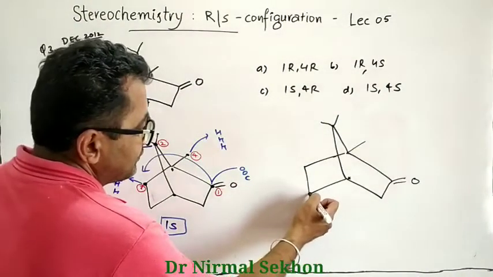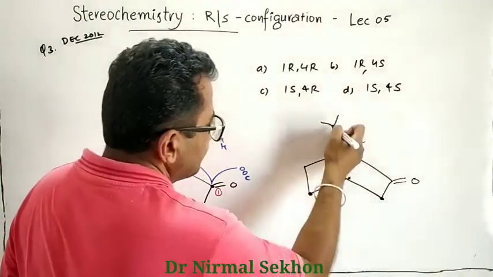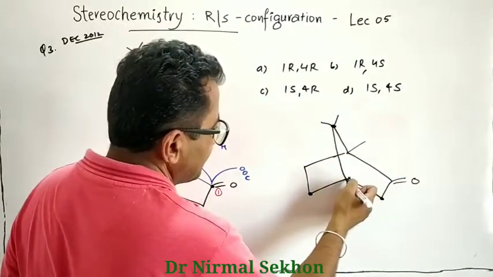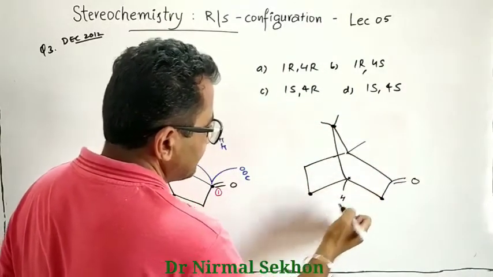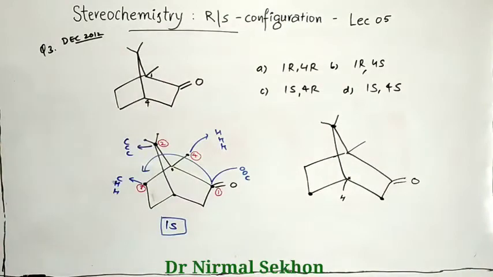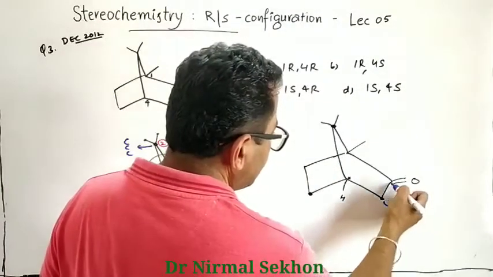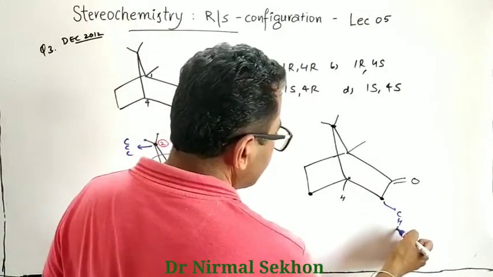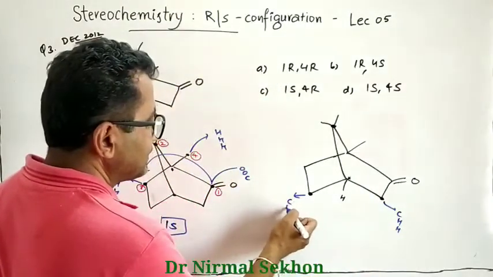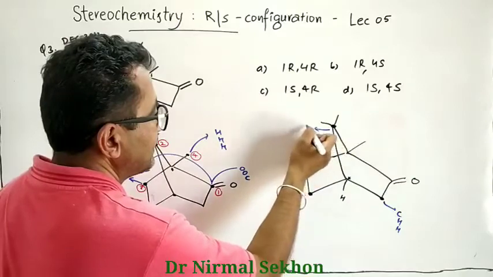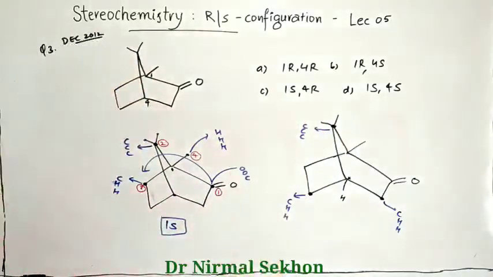These are the groups to which it is attached, 1, 2, 3, and there is 1 hydrogen, 4. So just write the numbers. This carbon is connecting to CHH. This is also CHH, but this is connecting to CCC. That will get number 1.